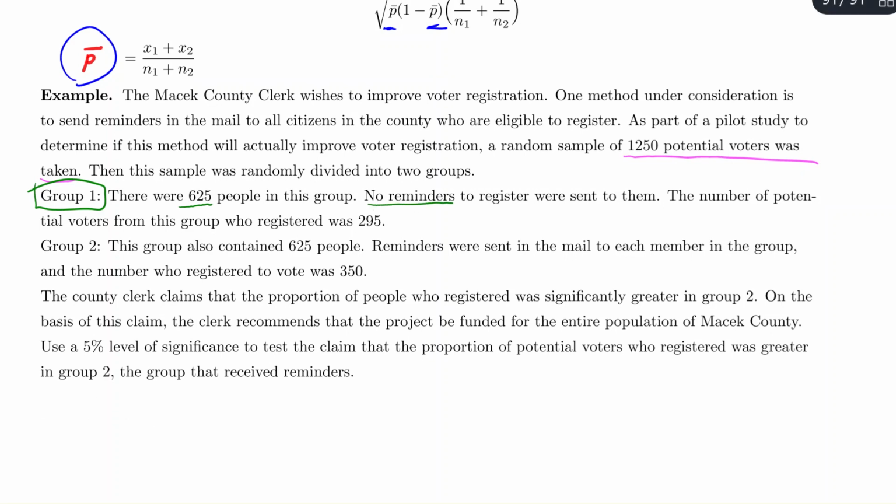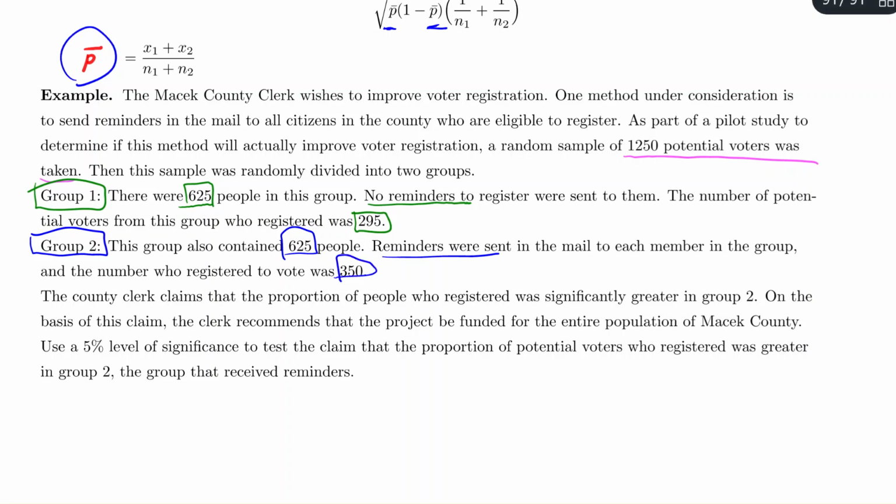No reminders to register were sent to them. The number of potential voters from this group who registered was 295. Group 2 also had 625 people. Reminders were sent in this case. And the number registered was 350.